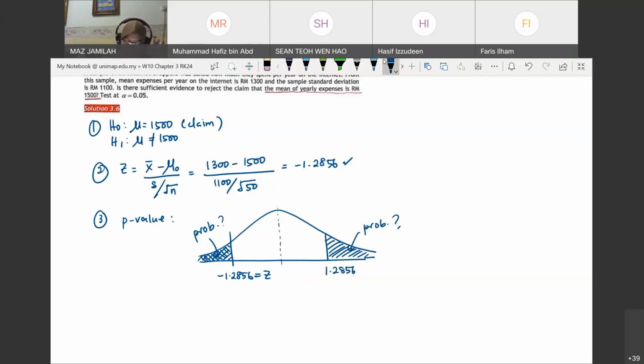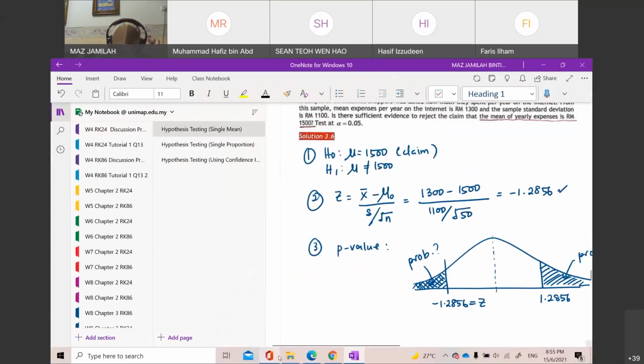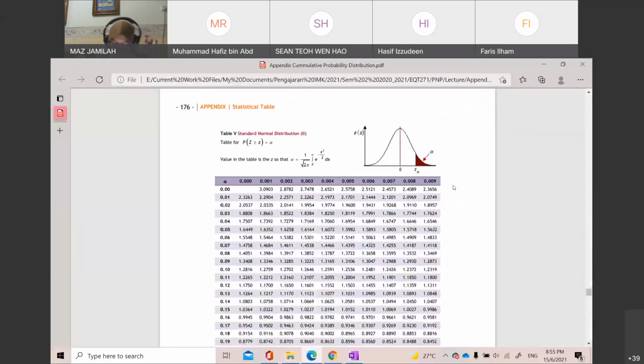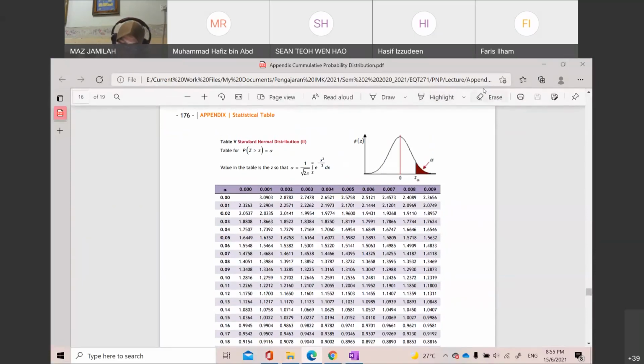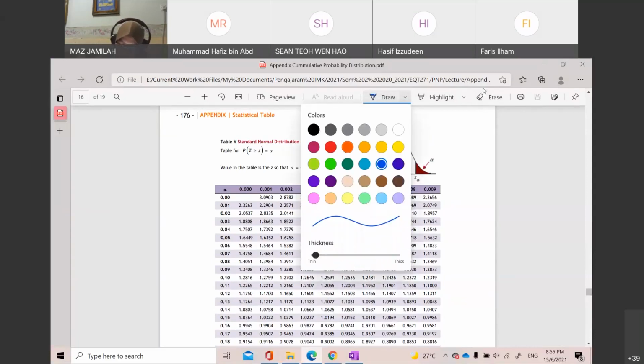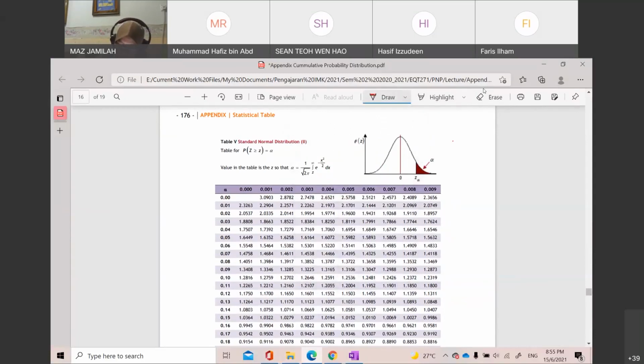Look at your Z distribution. Since we are looking for the value of this particular area, we are looking for this.